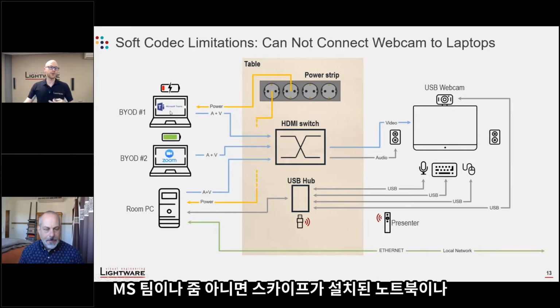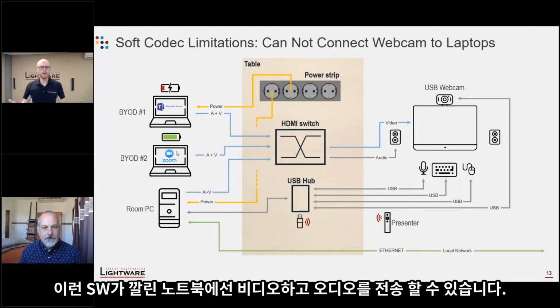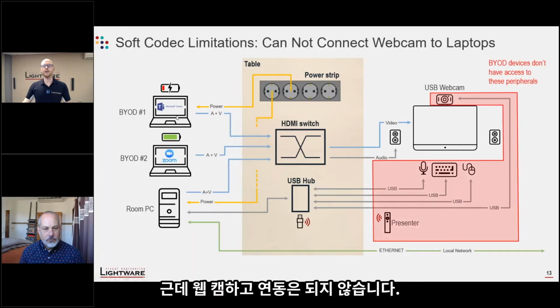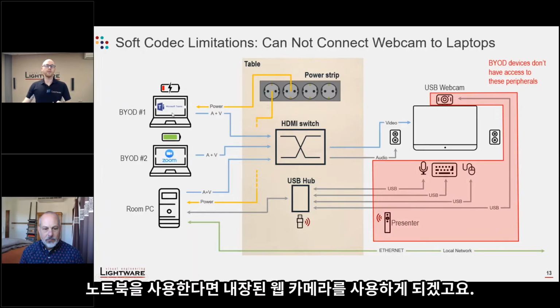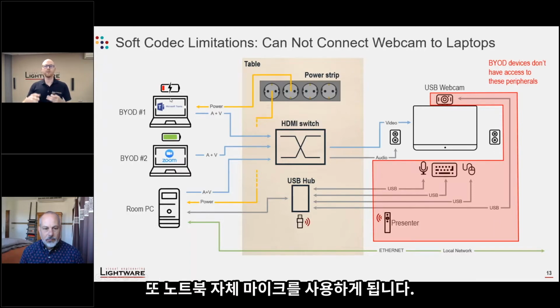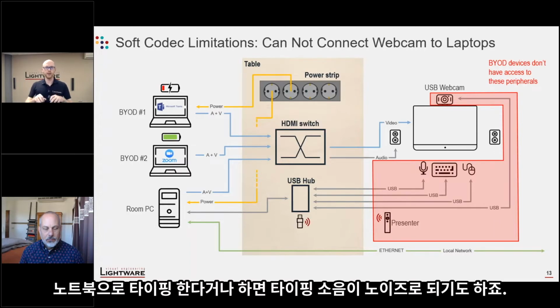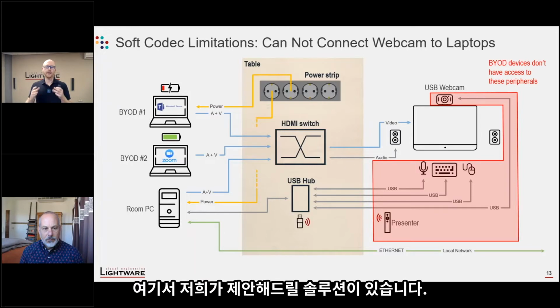The laptops, which might run Teams or Zoom or Skype or whatever VC codec, they can send video and audio, but they don't have access to the webcam, to the keyboard, the mouse. So people need to use the built-in webcam of their laptop, the built-in microphone of their laptop, and they need to type in. The typing noise might be picked up by the microphone, so it's not very convenient, and we need a solution for that.